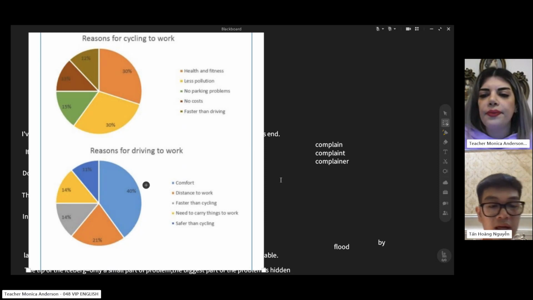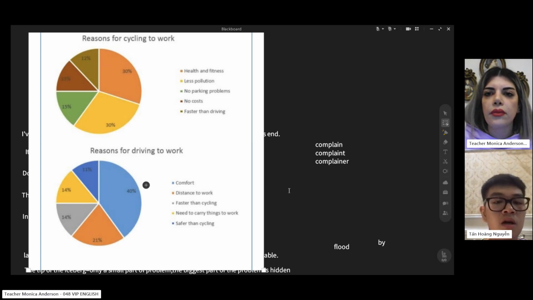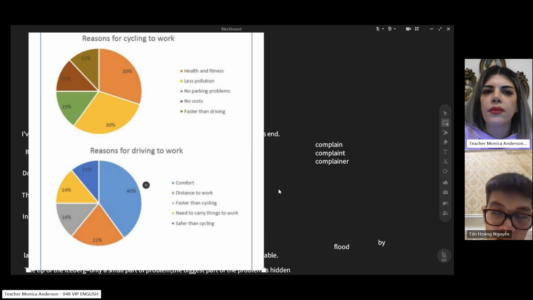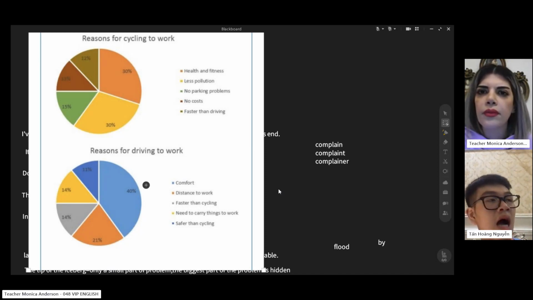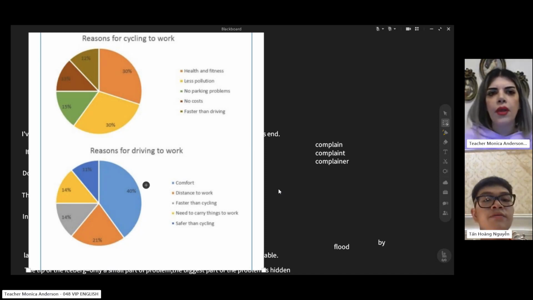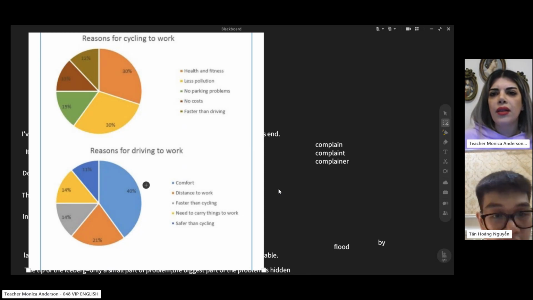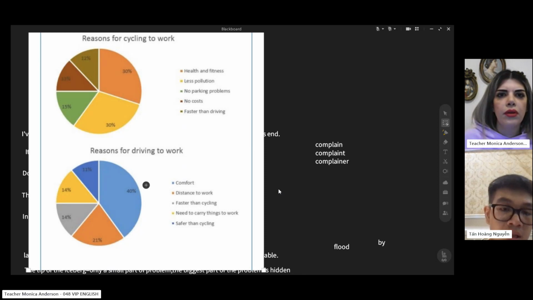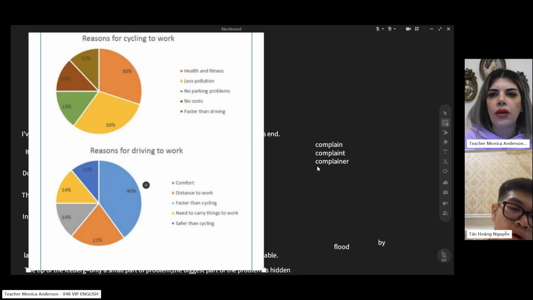Can I write like, in the first chart, there is the highest proportion of reasons for cycling to work, which is health and fitness with less pollution, while the lowest is no cost.